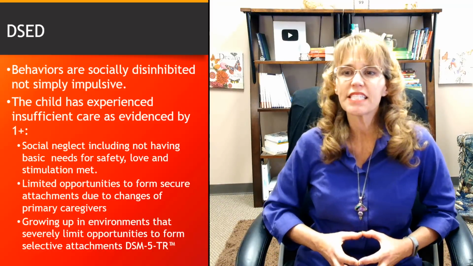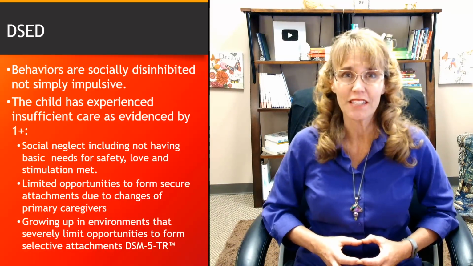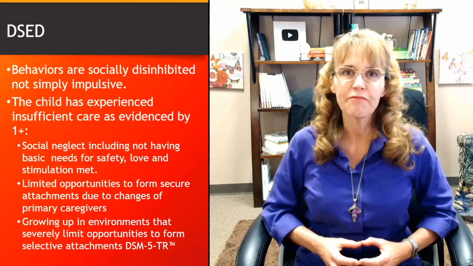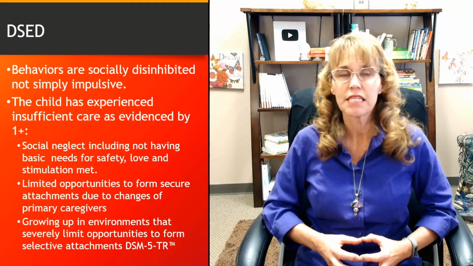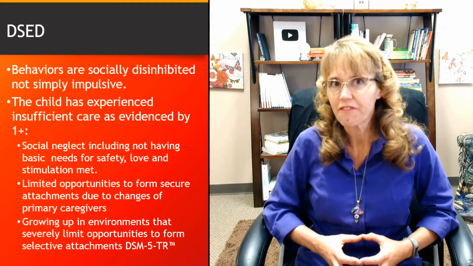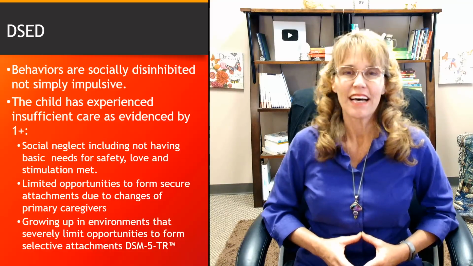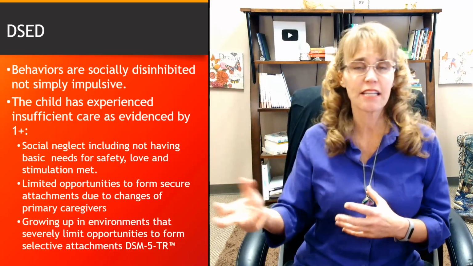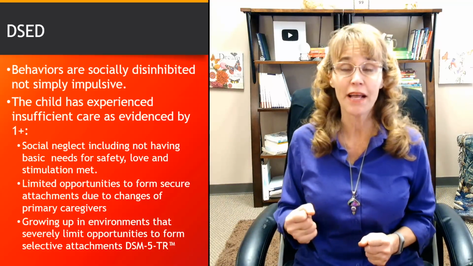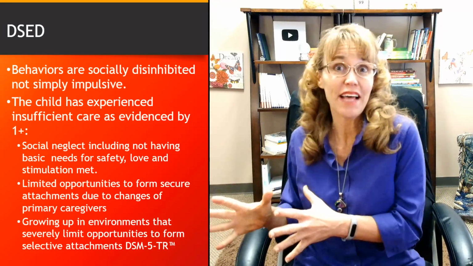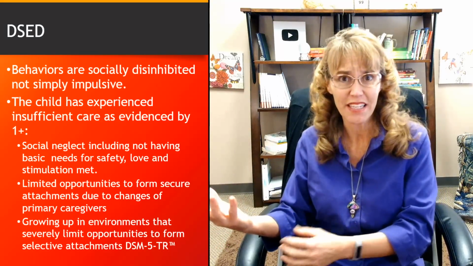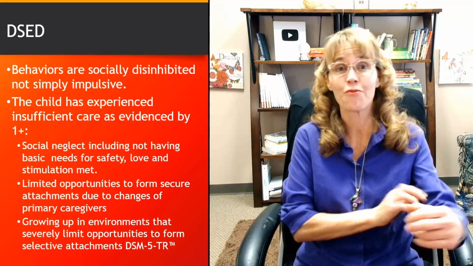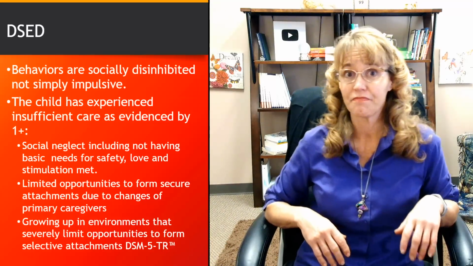Behaviors are socially disinhibited, not simply impulsive. And the DSM-5-TR does not really define the difference. However, as I mentioned, impulsive would be the kid sees something, hears something, is tempted by something, and is like, ooh, I want to have that now. I mean, we all know what impulsivity is. I want to go pet the doggy. I want to have some candy.